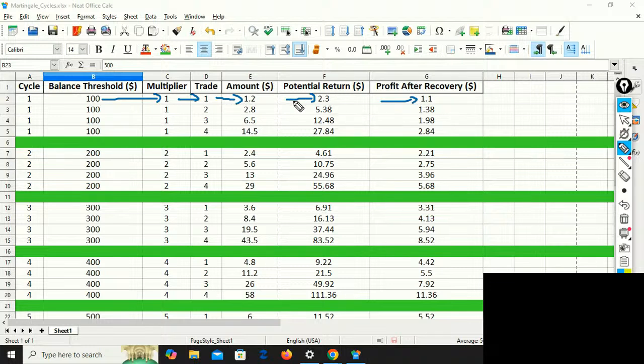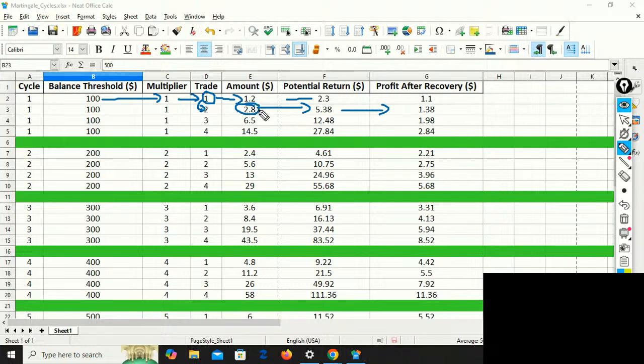Now, if you lose the first trade, you go to your second trade, which is $2.8. This is your return. If you win, you will recover your previous loss of 1.2 and make $1.38 in profits, and so on.